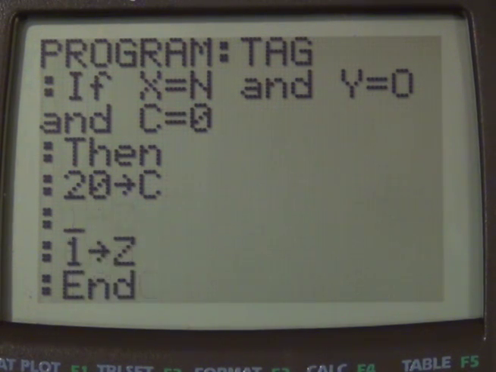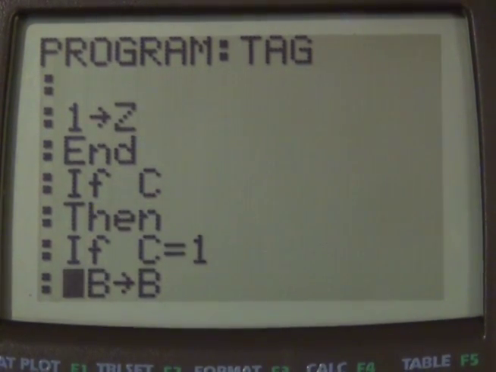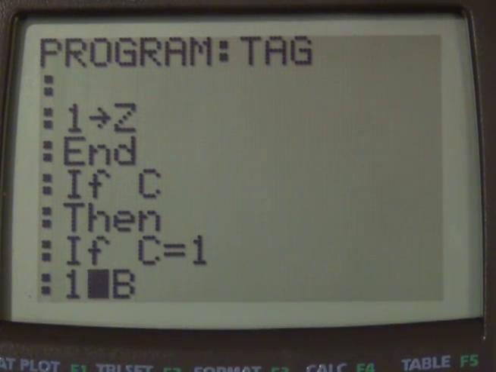But we're only going to count it if we're switching to, so we want to set 1 as b, which is him chasing us, if z was negative.